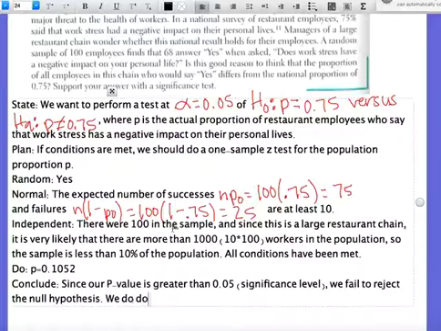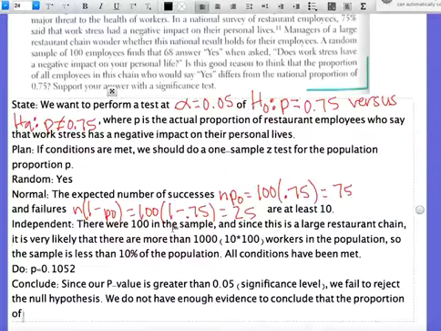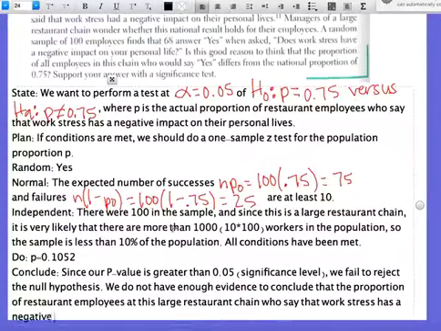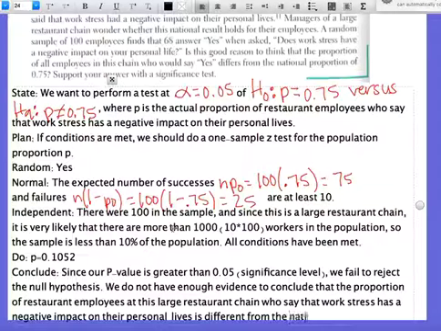So we would say we do not have enough evidence to conclude that the proportion of restaurant employees at this large restaurant chain who say that work stress has a negative impact on their personal lives is different from the national proportion of 0.75.